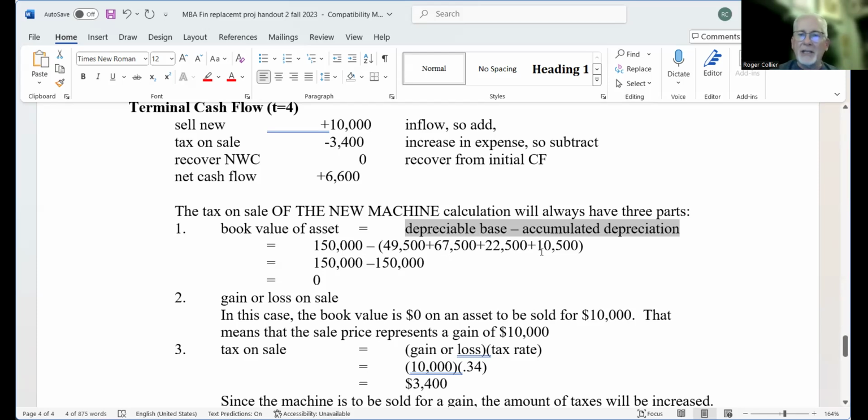Add that depreciation up and you get 150,000. So our book value is 0. We paid 150,000. We've depreciated 150,000. Book value is 0. That's not market price. That's not selling price. That's book value, right? Depreciable base minus all the depreciation. And what that tells us is that we've completely depreciated that machine.